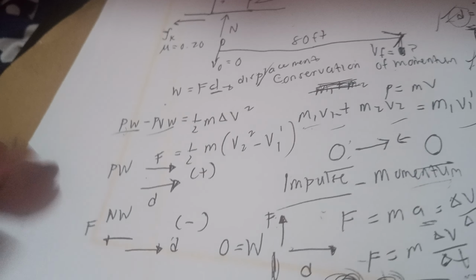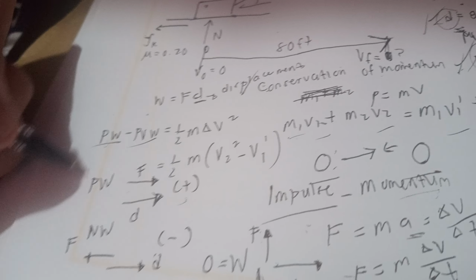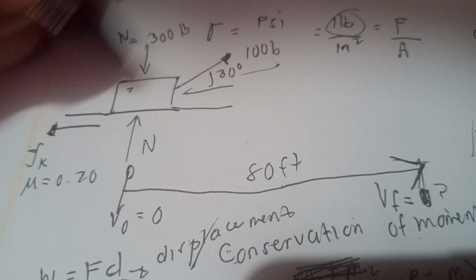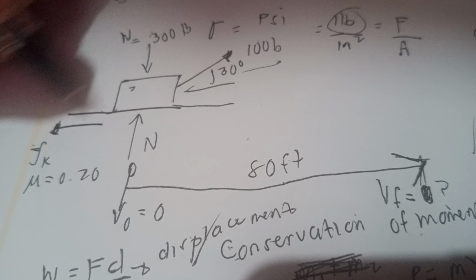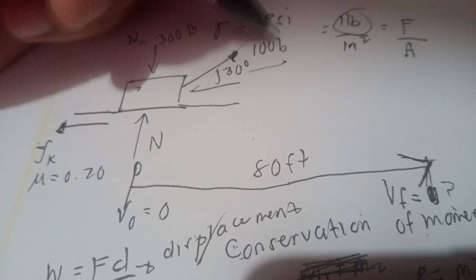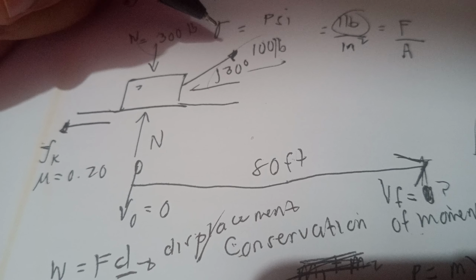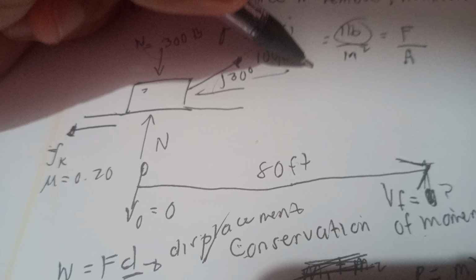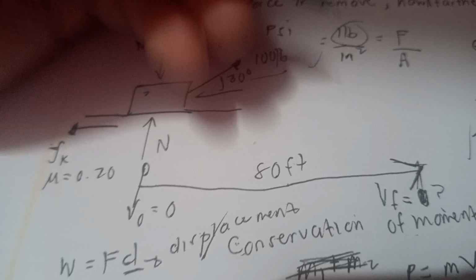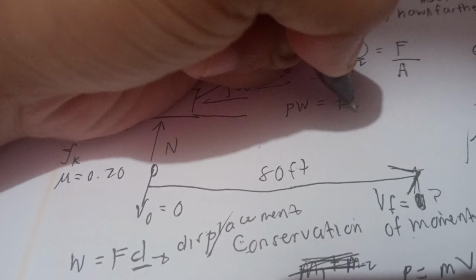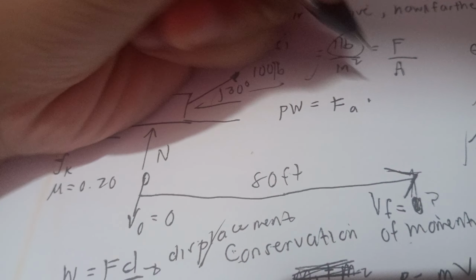Dito kung papansin mo, kung pupunta tayo sa positive work, ano mga positive dito? Madaming force dyan. Meron tayong kinetic friction, meron tayong force applied 100 pounds, and meron din tayong weight. Papansin mo rito, ang applicable lang ito para sa positive. Pagdating sa positive work, ang gagamitin natin is yung force applied. Di ba ang work is force times distance.